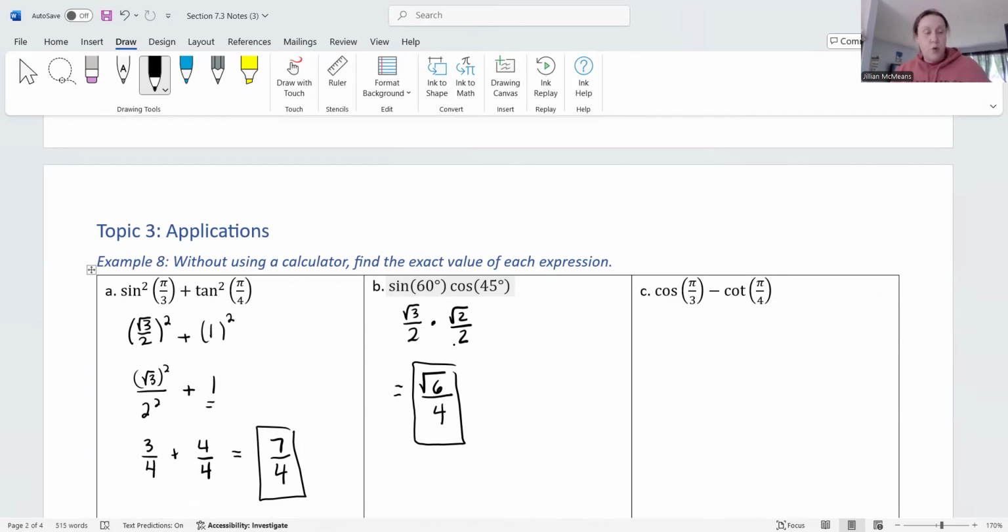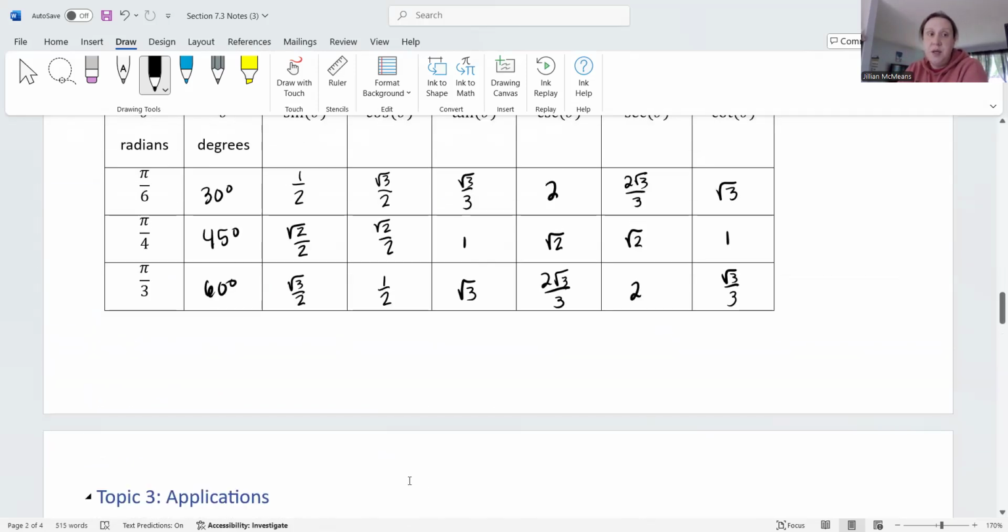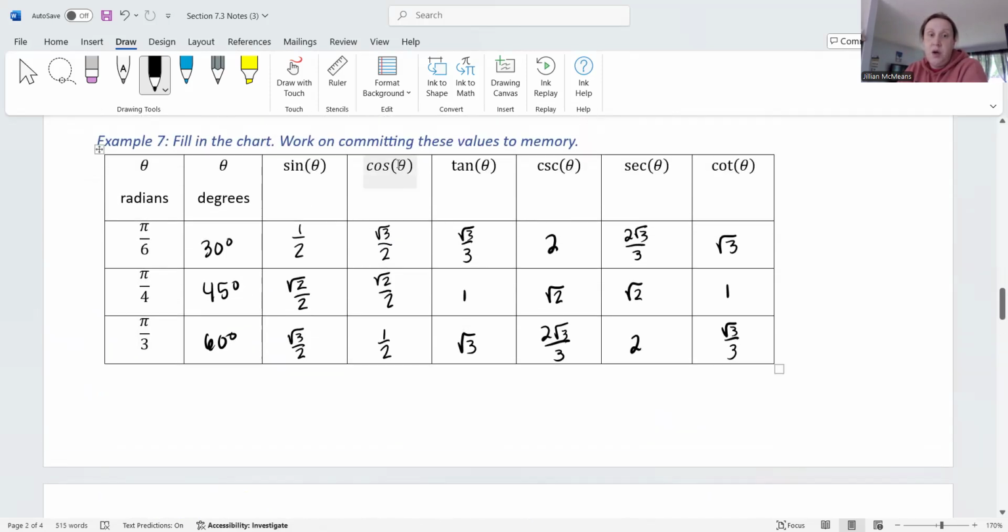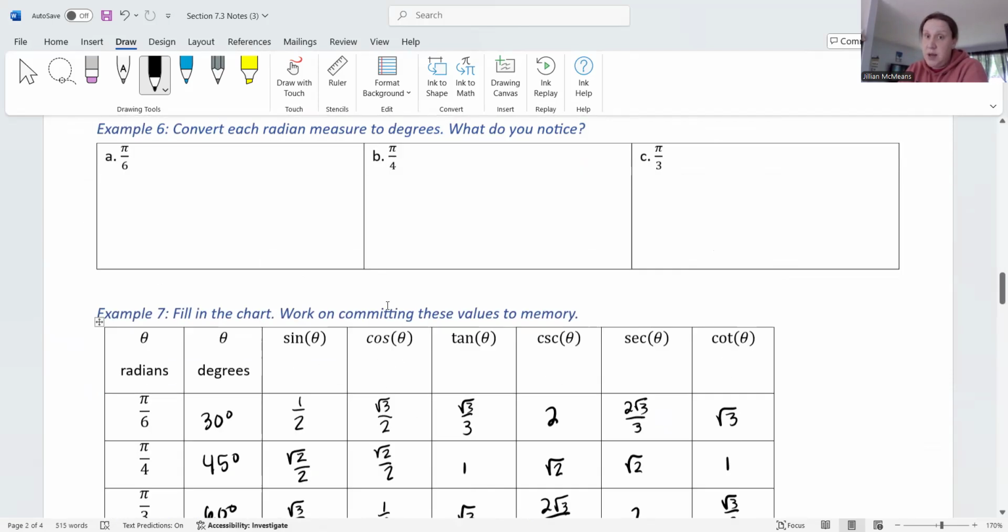And then finally, we have cosine of pi over 3 minus cotangent of pi over 4. So let's go back to our table. Pi over 3 is 60 degrees. We want cosine of that, so we know we're going to get a half. So cosine of pi over 3 is 1/2.